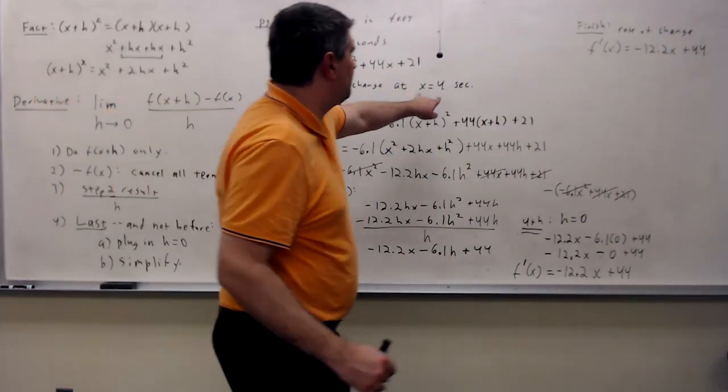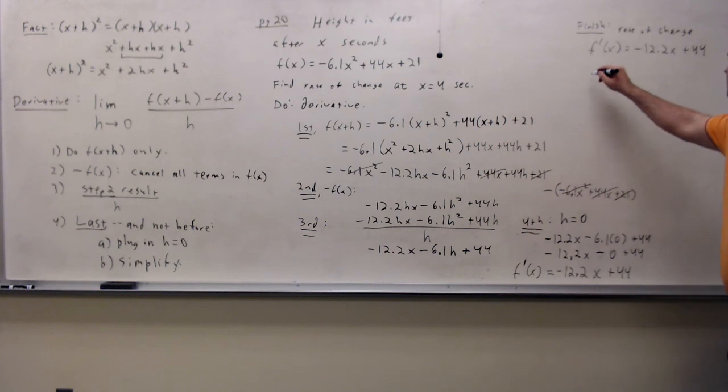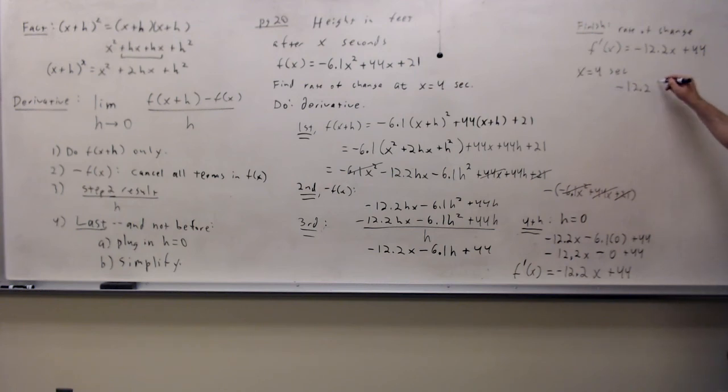At x equals 4 seconds, that's going to be negative 12.2 times 4 plus 44. So that's going to be negative 48.8 plus 44, which is negative 4.8.